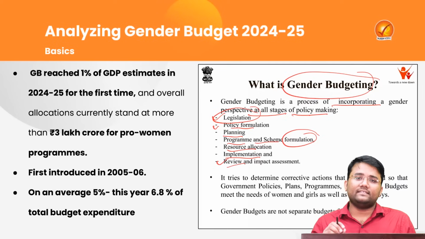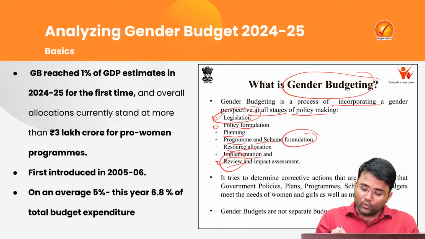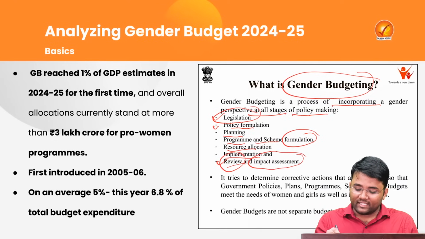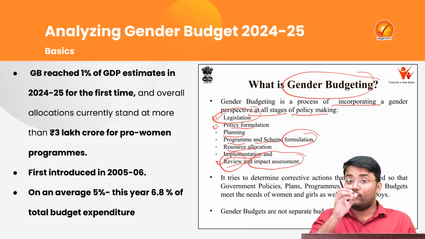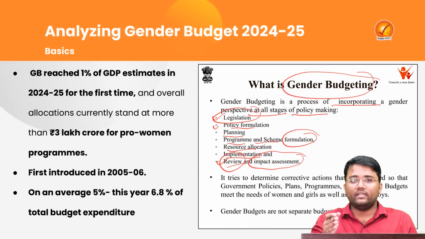And at the later stage, after the implementation of various policies, schemes, programs, etc., when the review and the impact assessment are happening, that means whether the financial resources that were allocated have helped in improving the social sector outcomes.